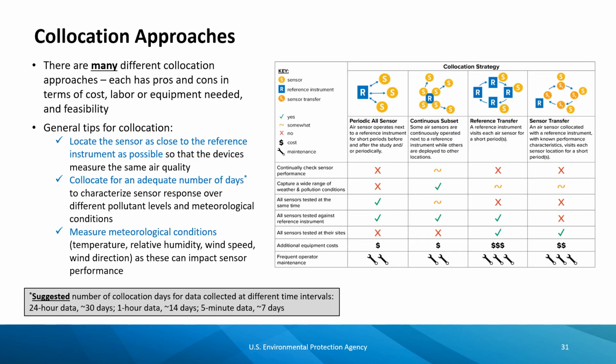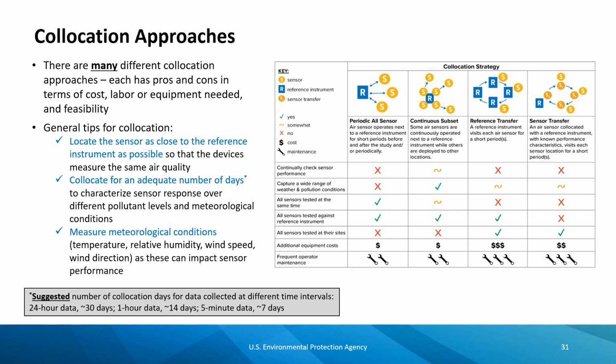There are many different approaches to co-location, and each has its own considerations. Some general tips for co-location are to locate the sensor as close to the regulatory grade or reference instrument as possible. Co-locate for an adequate number of days, and be sure to measure meteorological conditions, as these can impact sensor performance.